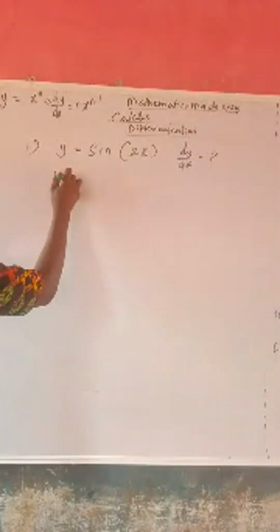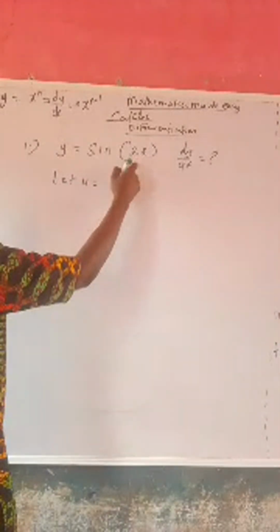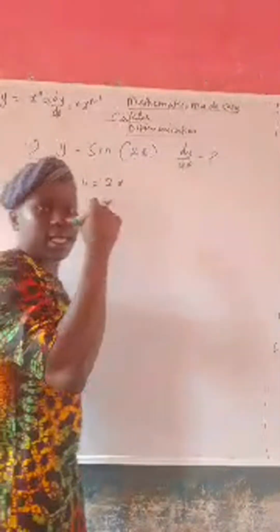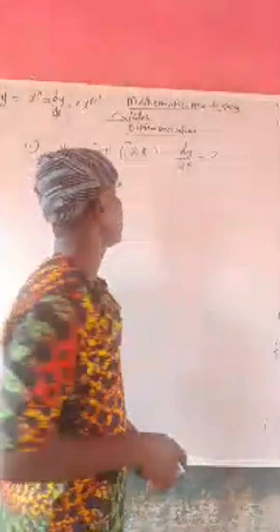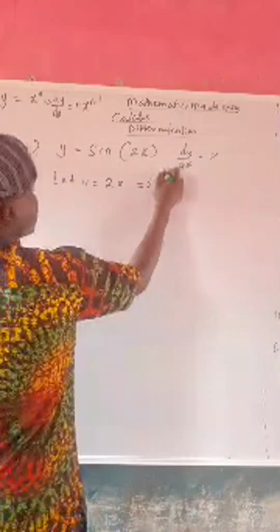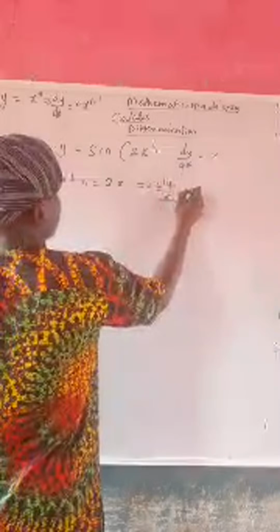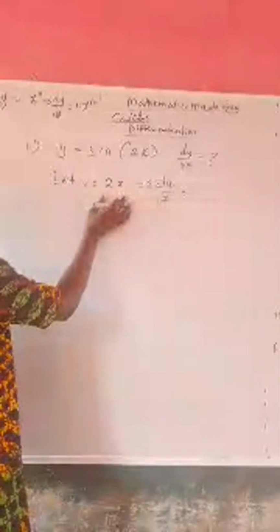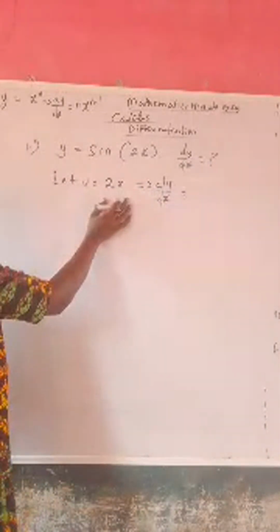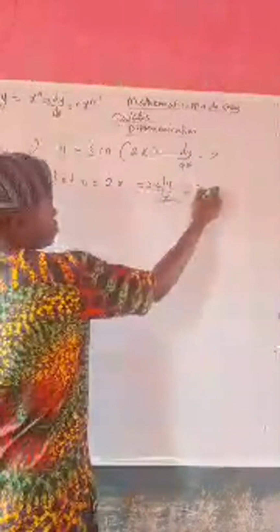So how do we do that? We said let u be equal to this 2x inside the brackets. Then you find du/dx. If you differentiate 2x, I taught you that the other time, we're going to have 2.